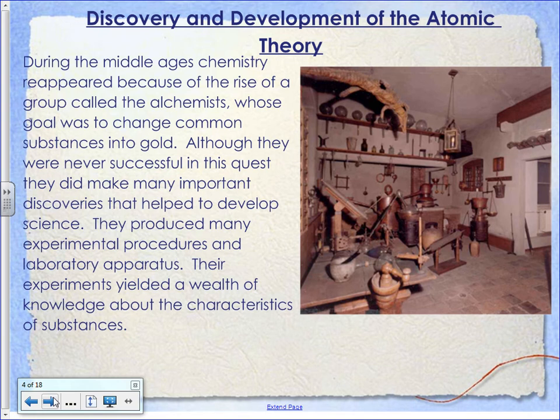Okay? But they essentially were trying to do something that's impossible, but at the same time, they were messing around with chemistry. Okay? They were mixing things together, finding out that certain things had certain properties or acted in certain ways in certain situations. Okay? And that sort of led to the development of the science of chemistry.